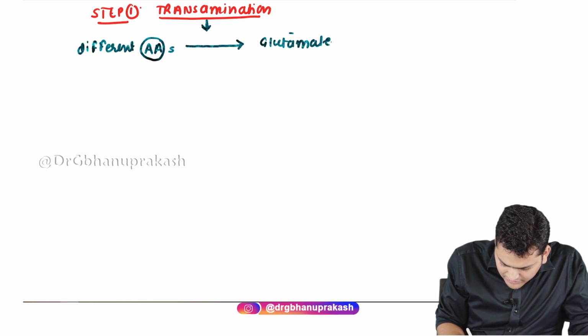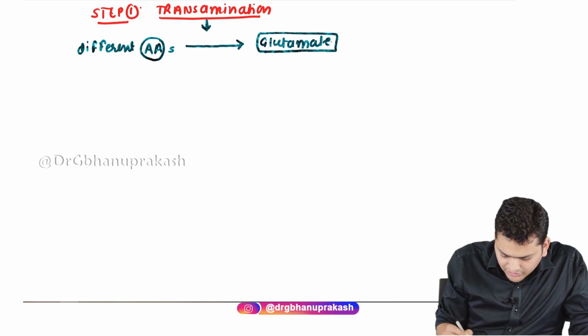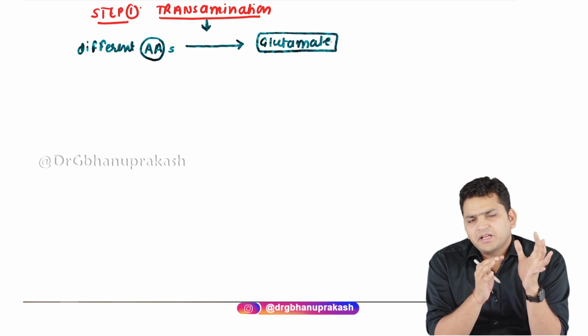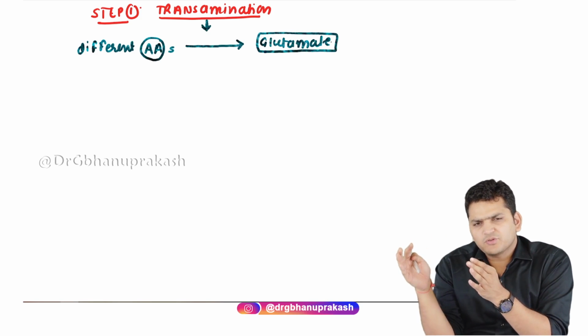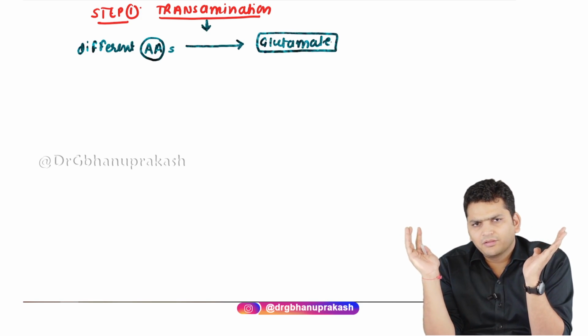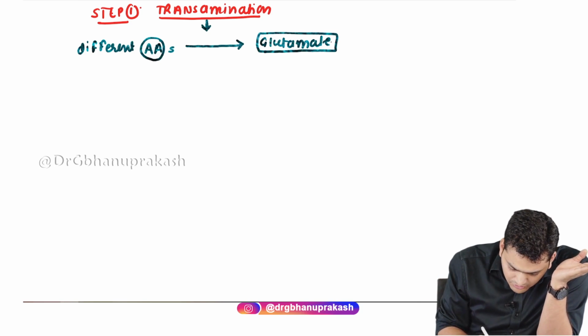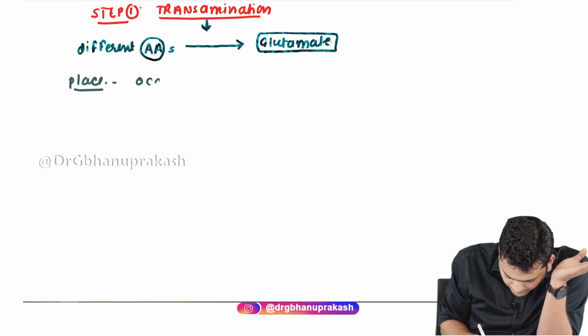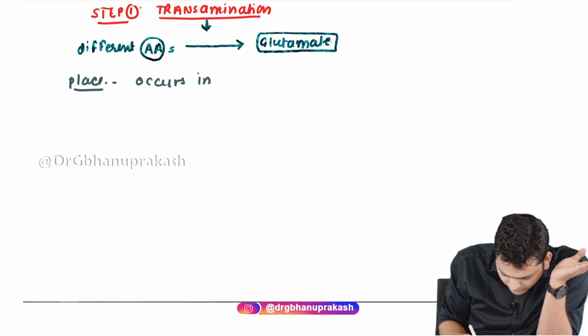And the reason I have explained that step 2 is easy is the glutamate, right? So the substrate is going to be different amino acids, the product is going to be fixed, and that is glutamate. That is the agenda. When it comes to the location, it occurs in all the tissues.